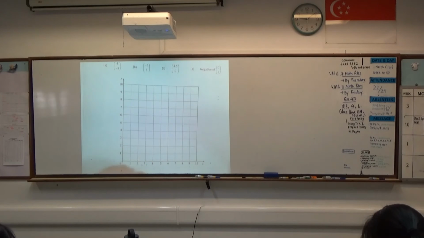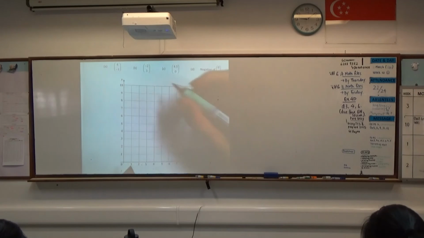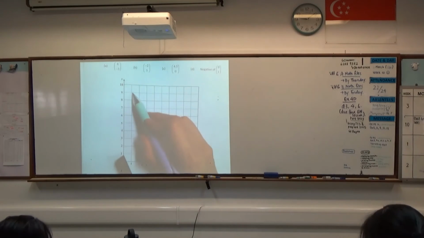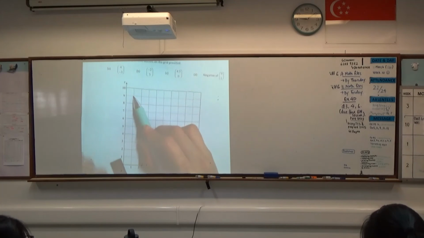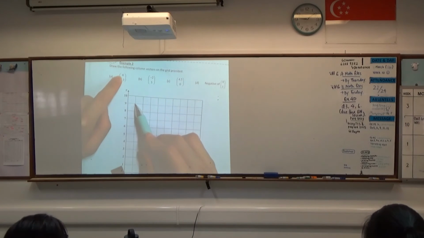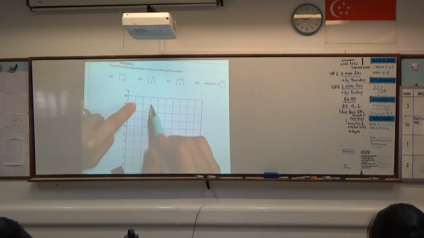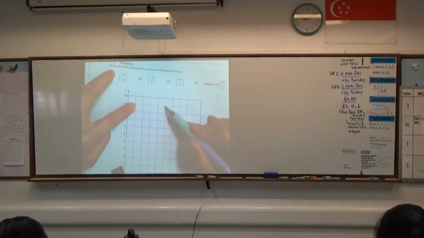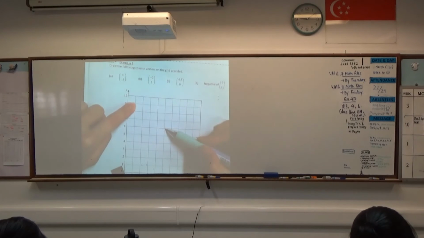So what we could do is, let's say I start at this point here. Going in the x component 4 units, so 1, 2, 3, 4, and then y component negative 3 downwards, 1, 2, 3. So my start point is here, end point is here.